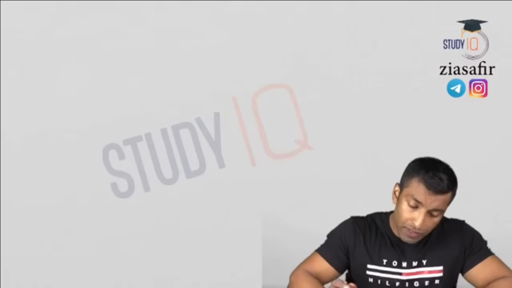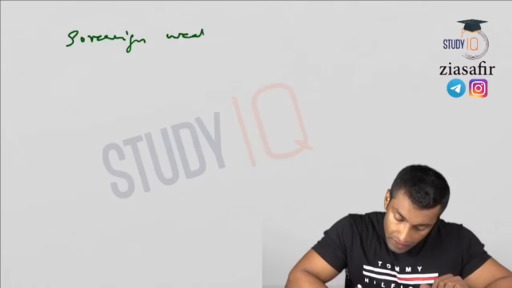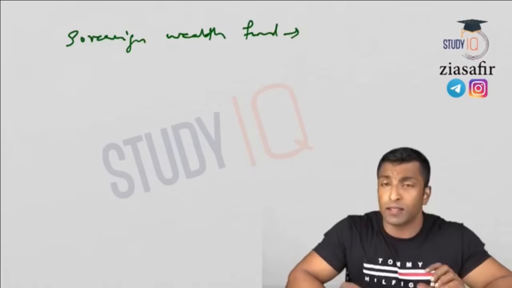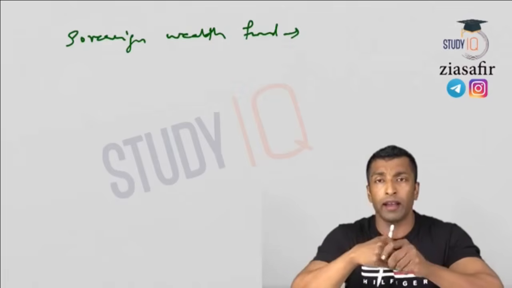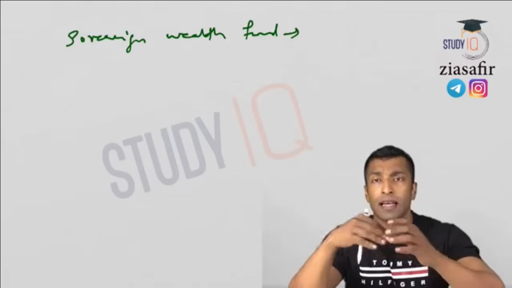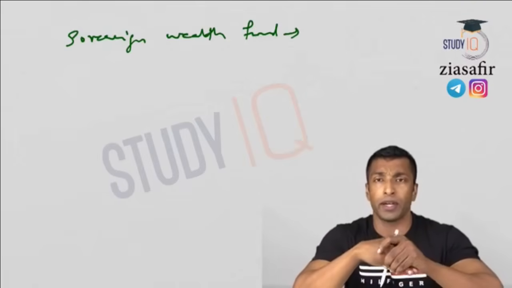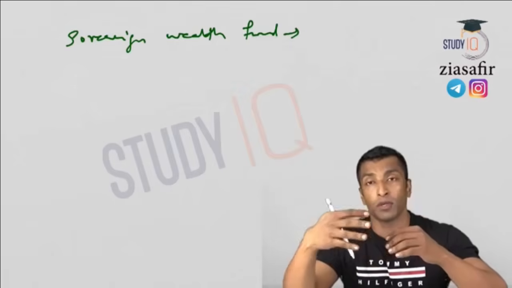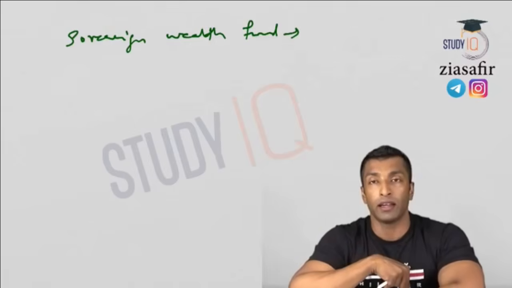Now one more concept which I want to discuss is the sovereign wealth fund. Sovereign wealth fund means a part of your forex you can keep aside, and this is what you call the corpus, which may be invested in foreign securities. As I've discussed already, China has a huge sovereign wealth fund, and they invest in almost all the US securities, and half of US external debt is basically connected to China.